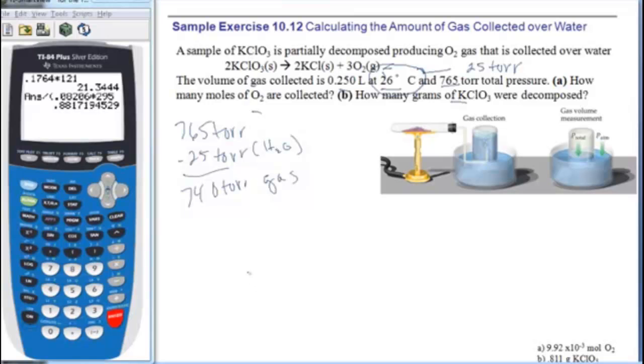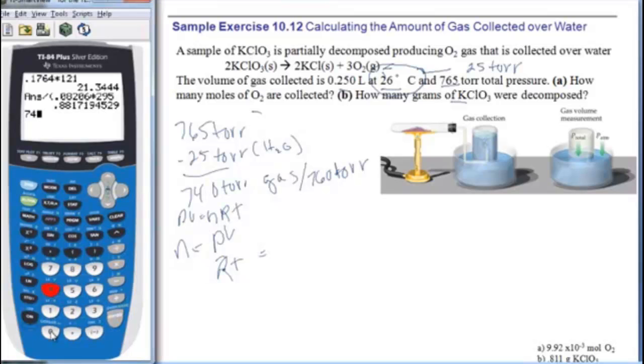Okay, so we first want to know how many moles of oxygen are collected. So PV equals nRT. Moles is going to be PV over RT. My pressure is 740 torr. I'm going to divide that by 760 torr to get my atm, so 740 divided by 760, and that gives me 0.97368 atmospheres.